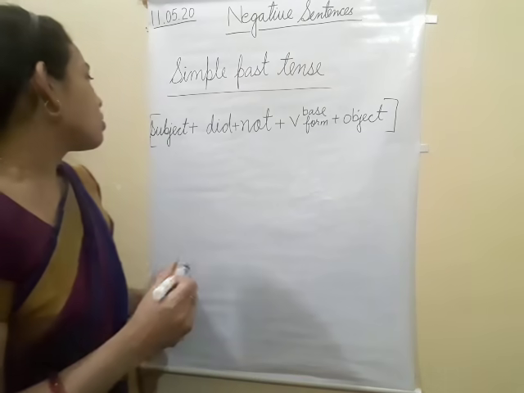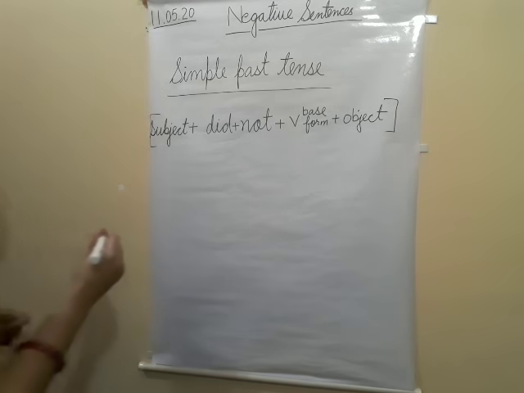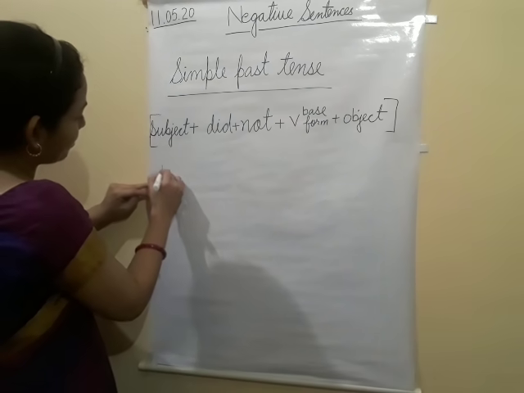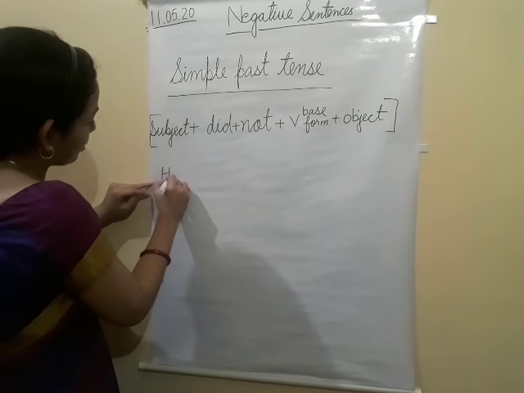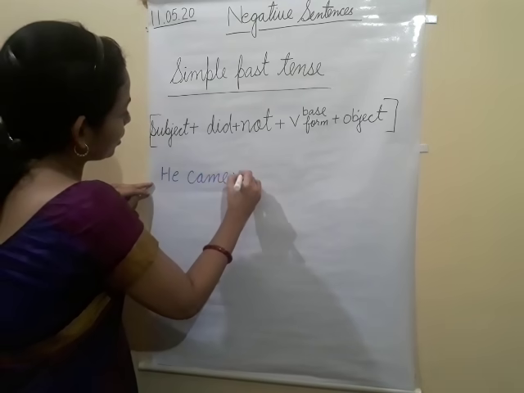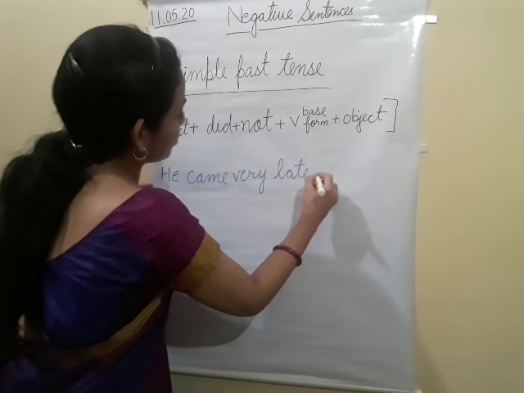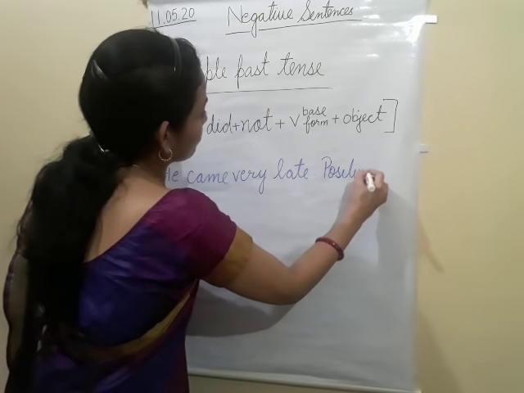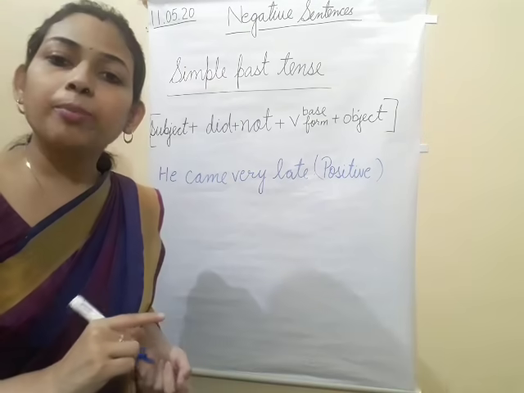So the first example I am writing here: He came very late. This is the positive or affirmative sentence of simple past tense.